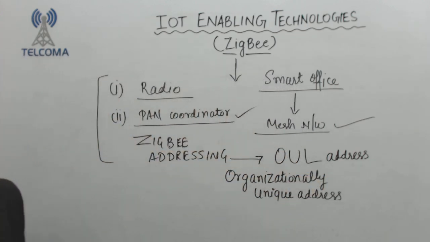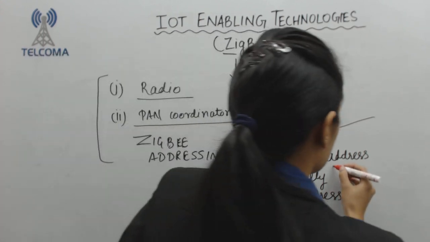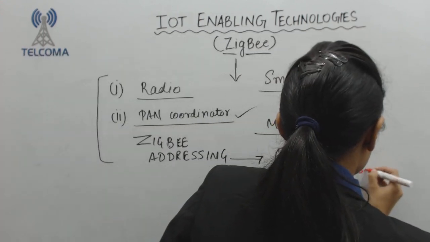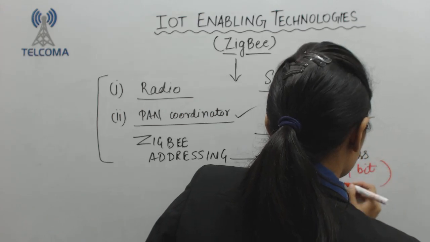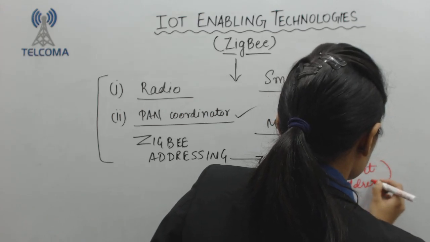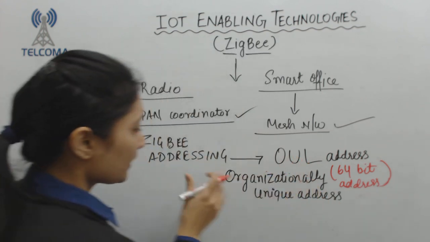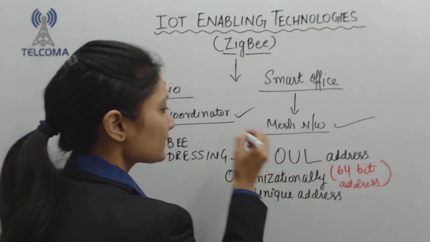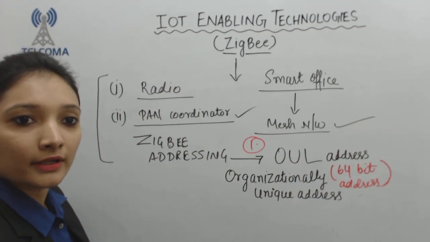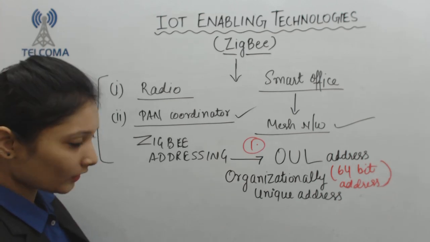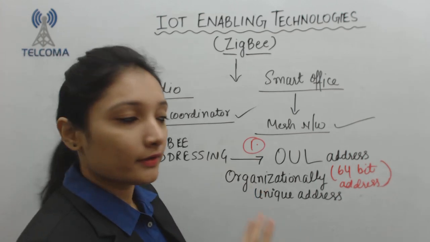This is your 64-bit address. So this is the first address encountered with your Zigbee enabled sensor or device.